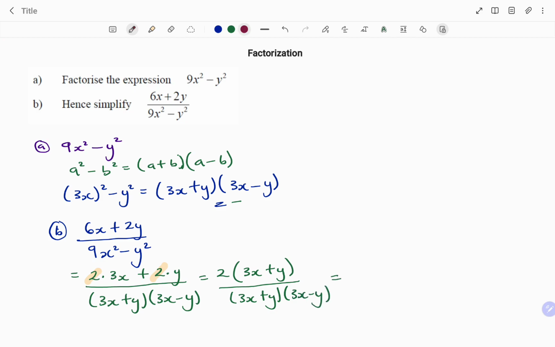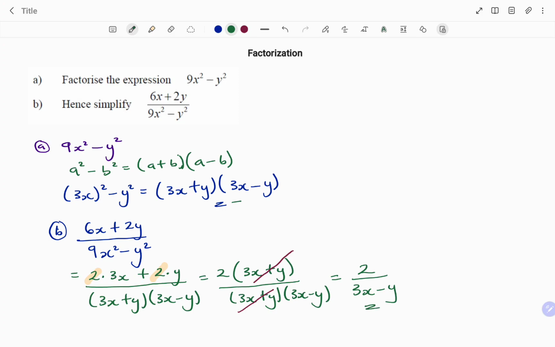And if you check that, 3x plus y and 3x plus y, you can divide, that will give us 1, so that cancels out. For our numerator, we're left with 2 over a denominator of 3x minus y.